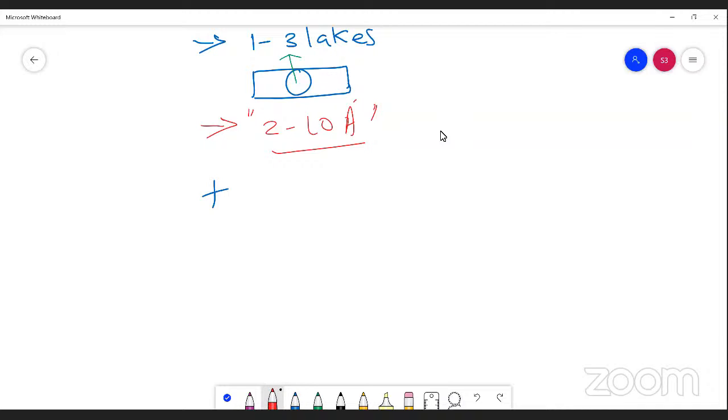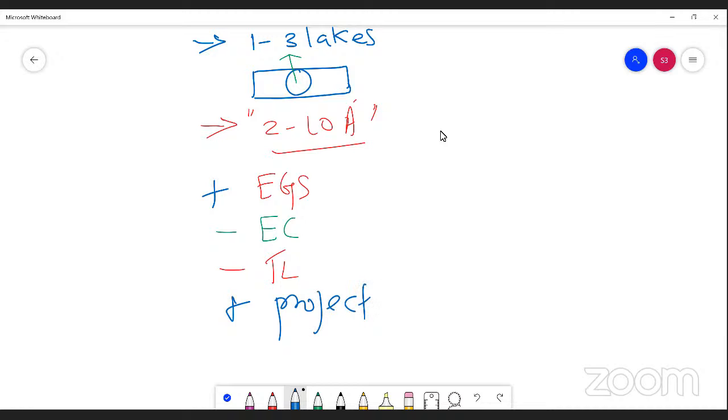The first one is the electron generating system, and it also consists of the electron condenser, EC, that regulates the amount of electrons needed for viewing or passing on the objective specimen, right? It also consists of a tube lens, and finally a projector or screen, which is going to project.